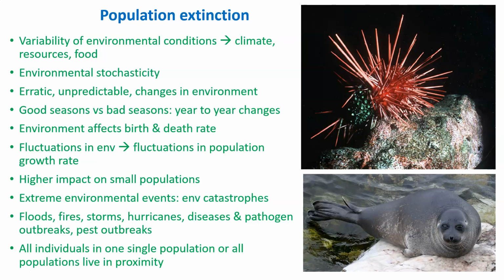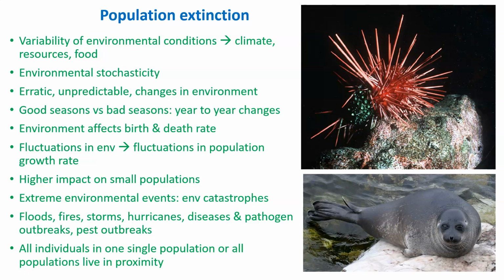And think about extreme climatic events, extreme environmental catastrophes like unexpected wildfires, untimely floods, a windstorm, canopy throwdown, hurricanes, especially the ones that we keep getting in the Gulf of Mexico, a new pathogen or a disease that has been accidentally or intentionally introduced to a particular habitat, pest outbreaks.